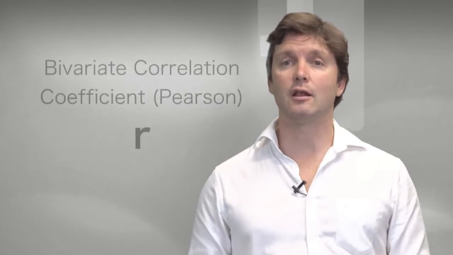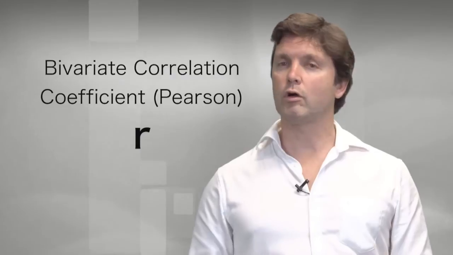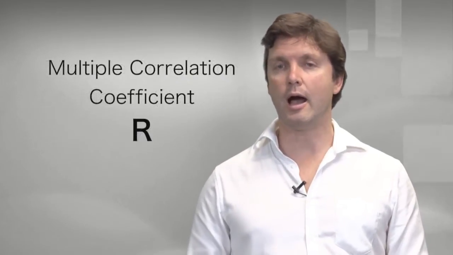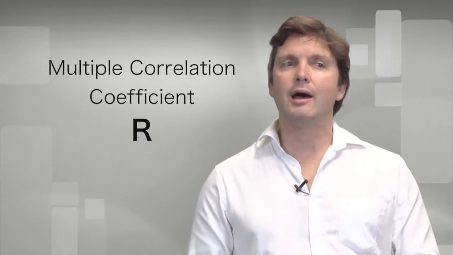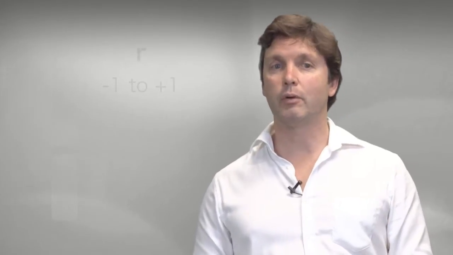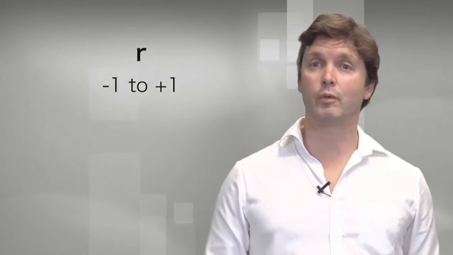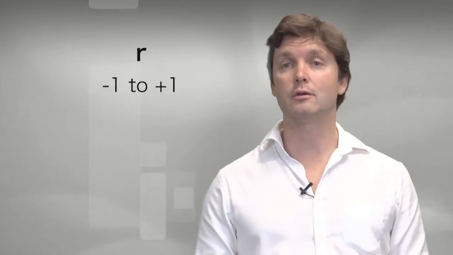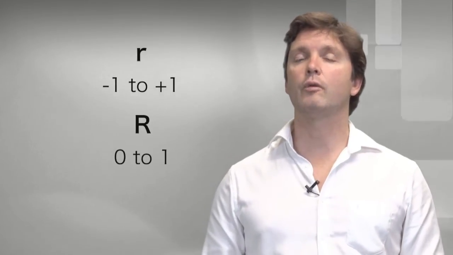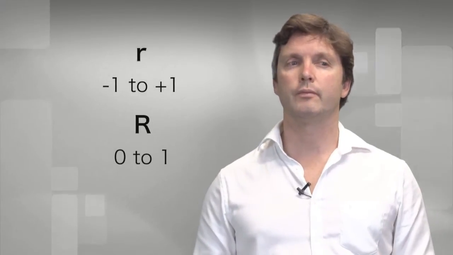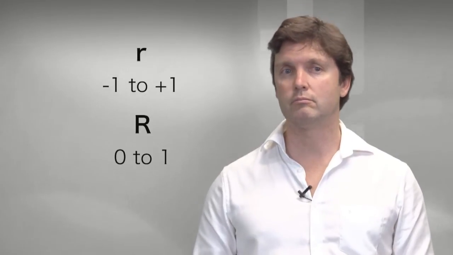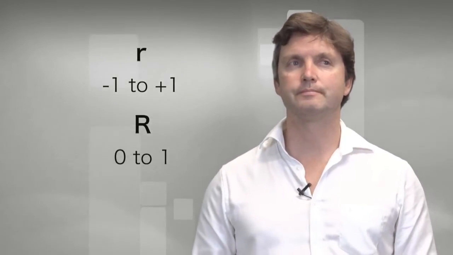The symbol for the bivariate correlation coefficient, the Pearson correlation coefficient, is little r. The symbol for the multiple correlation coefficient is big R. While little r has a range from -1 to +1, which I talked about in the bivariate regression and correlation lecture, big R only ranges from 0 to 1, which is from no relationship to perfect relationship.